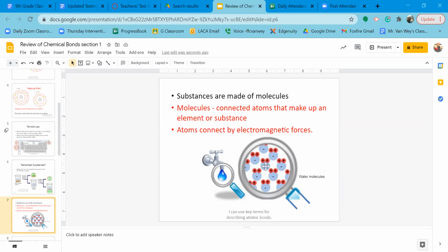So it is this oxygen atom and these two hydrogen atoms attached to it. That is the molecule of water. And again, they connect by electromagnetic forces. You can see the negatively charged oxygen atom and the two positively charged hydrogen atoms. We'll get into this in specifics as we go on here.